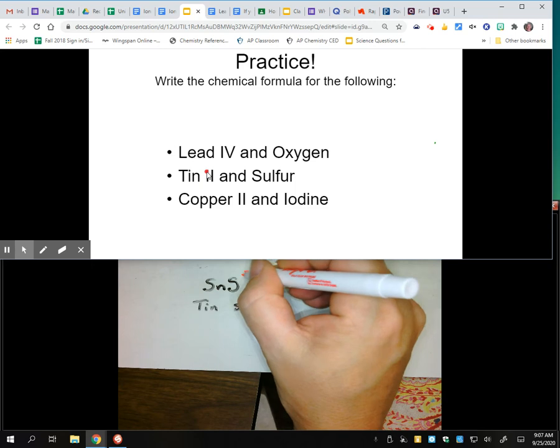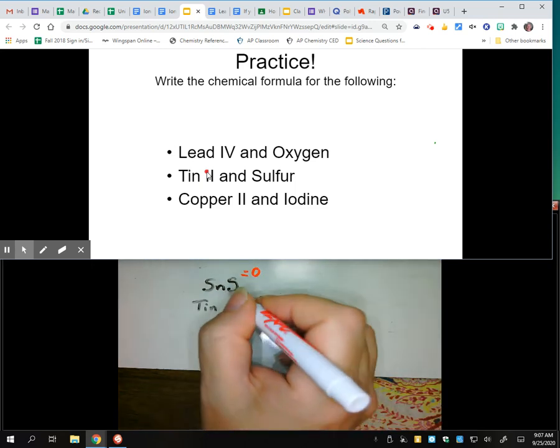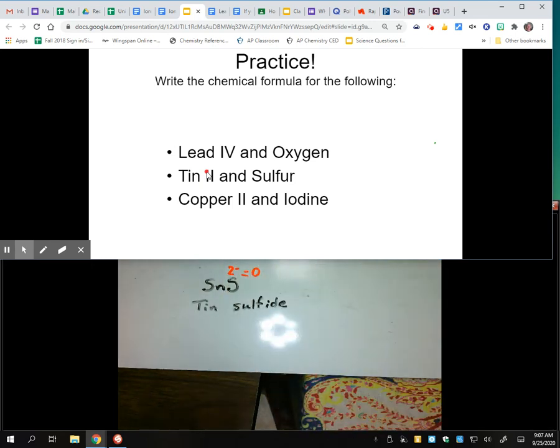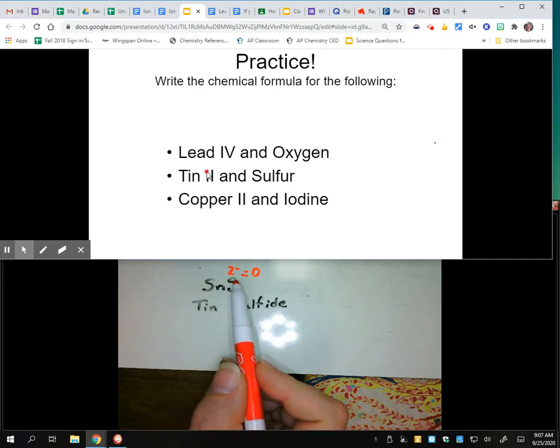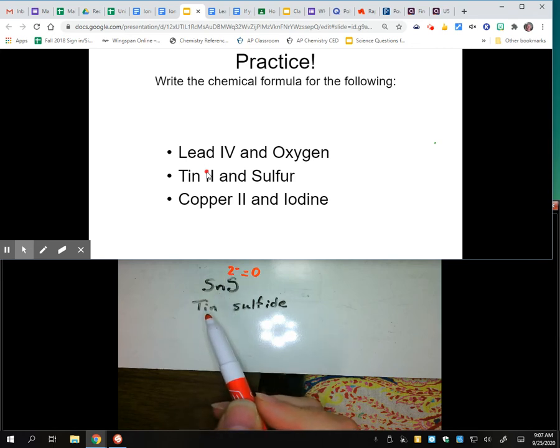We know that the sum of the charges has to equal 0, has to. And we know that sulfur likes to have a 2 negative charge because we can look that up on the periodic table. It's in group 16. That's what elements in group 16 do. So we didn't crisscross because I don't see a 2 over here. So that means it must have canceled out.